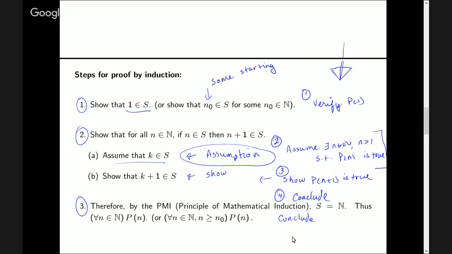So then when you say, assume P of n, then you can assume this, and then you apply your definition for divisible.